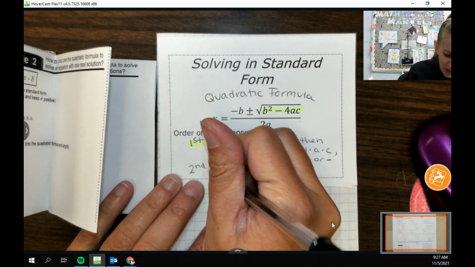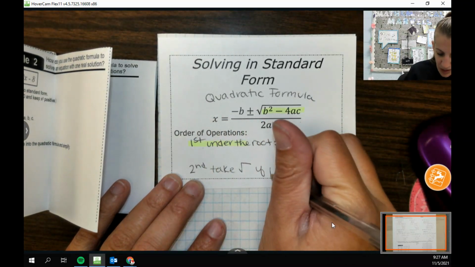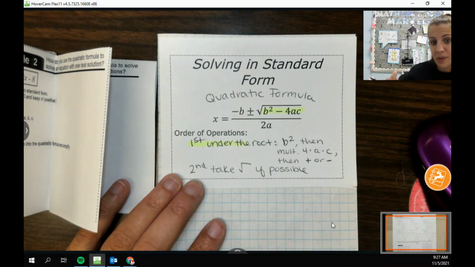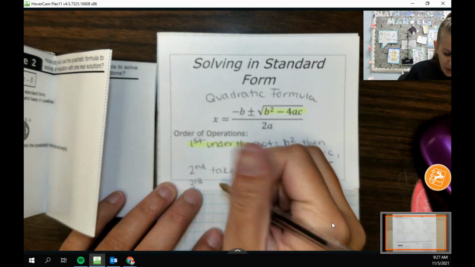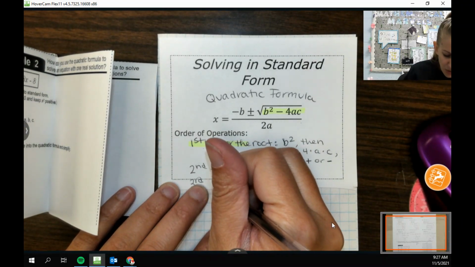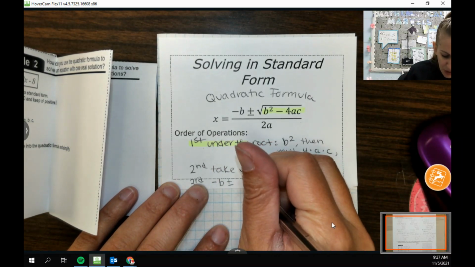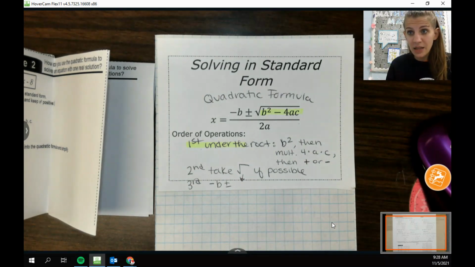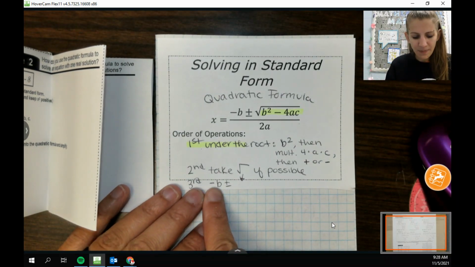Second, we want to take the square root, if possible, or we might end up simplifying the root. Third, we want to do the negative b plus or minus part with our new number here. Again, if possible, so if I am able to take the square root, then I want to add and subtract that number from negative b.